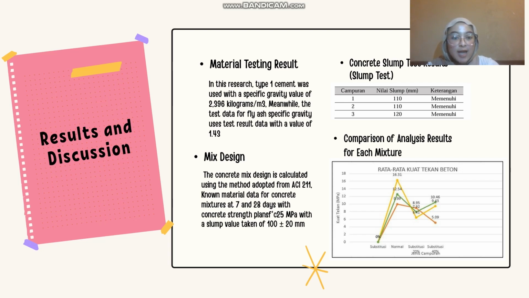For the mix design, the concrete mix is calculated using the method adopted from ACI 211. The concrete mix material data for ages 7 and 28 days, with a concrete strength exceeding 25 MPa and a slump value taken of approximately 100 to 20 mm.